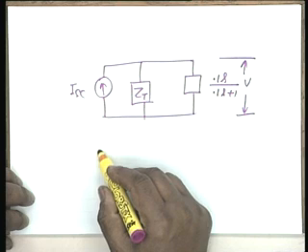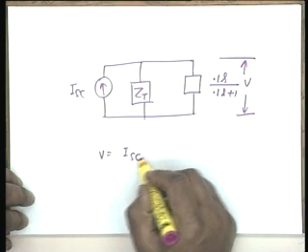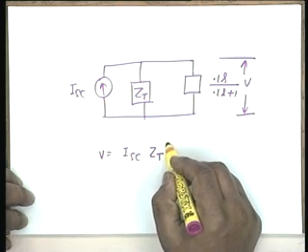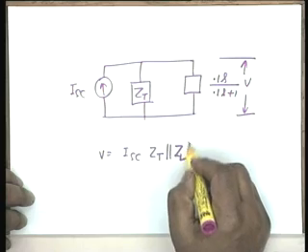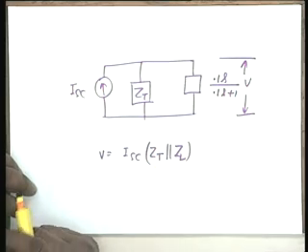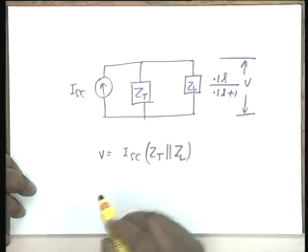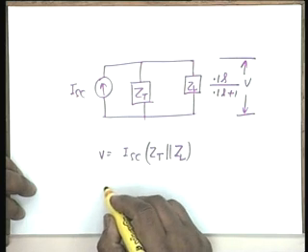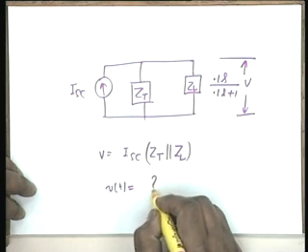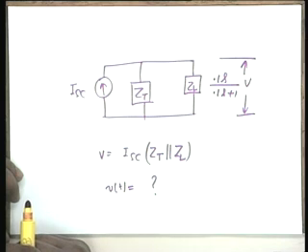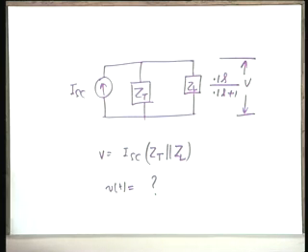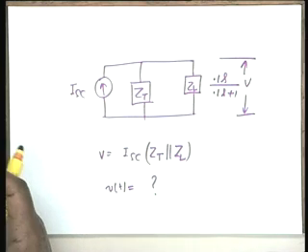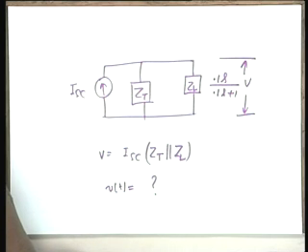So capital V is simply ISC times ZT parallel ZL, agreed? You can now find this expression and, by inversion, V of t, the time domain response. I would not do the algebra, I will leave that to you. Agreed?